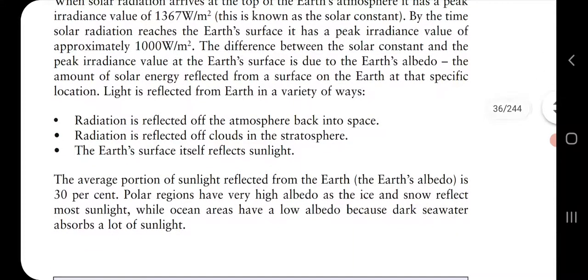So nearly 30% of the rays get reflected. At the northern and southern hemispheres, more energy is reflected, and at the ocean, the sun rays are absorbed.